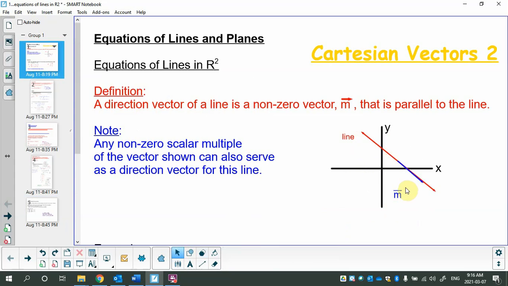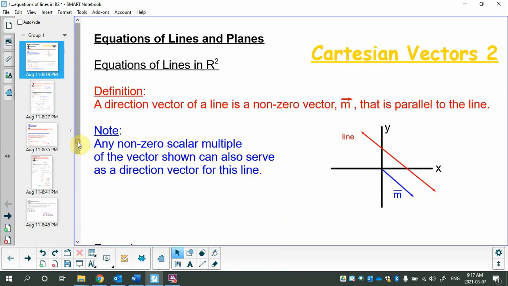Remember, there could be another point on the line, but it's a unique line even though there's not a unique answer. This m could be any length at all. We try to go for the shortest length, meaning the reduced version.